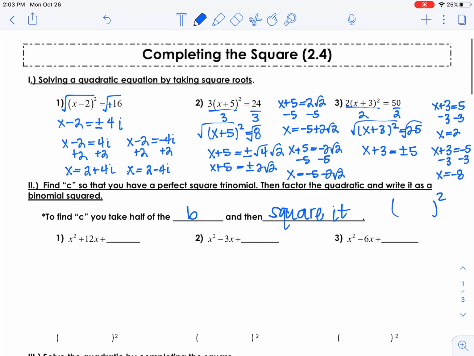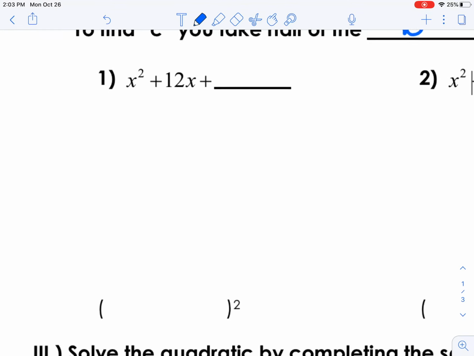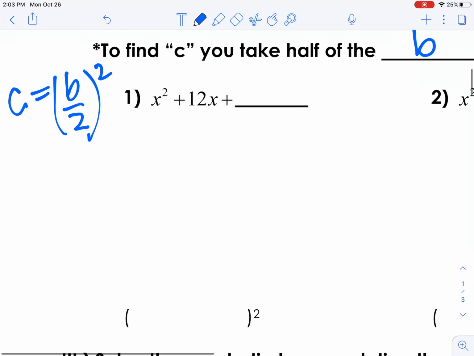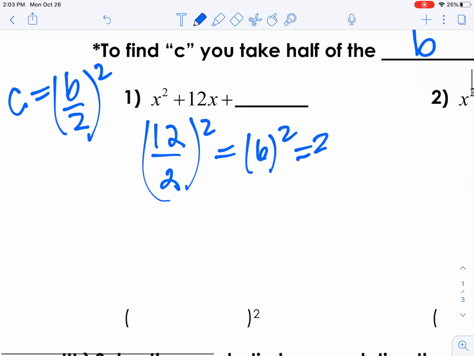For example here, we have 12 as our b value. So remember, c equals b over 2 squared. Half of the b value, so 12 over 2 squared is 6 squared, which is 36.